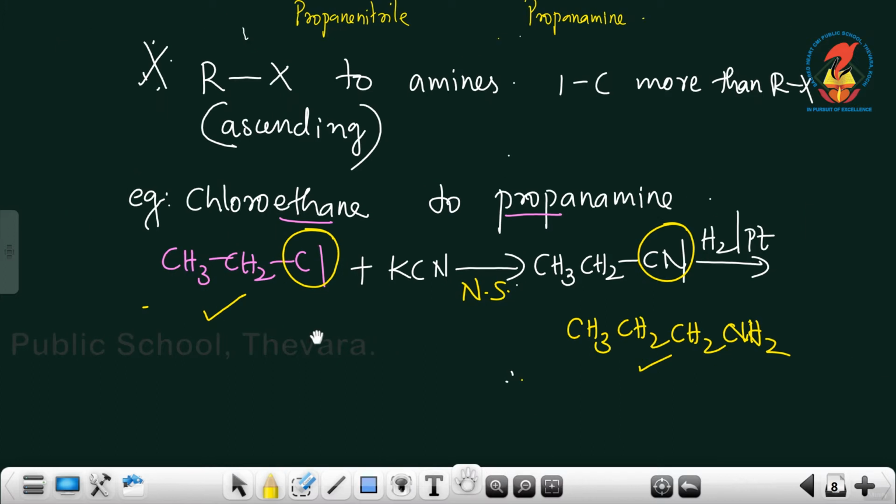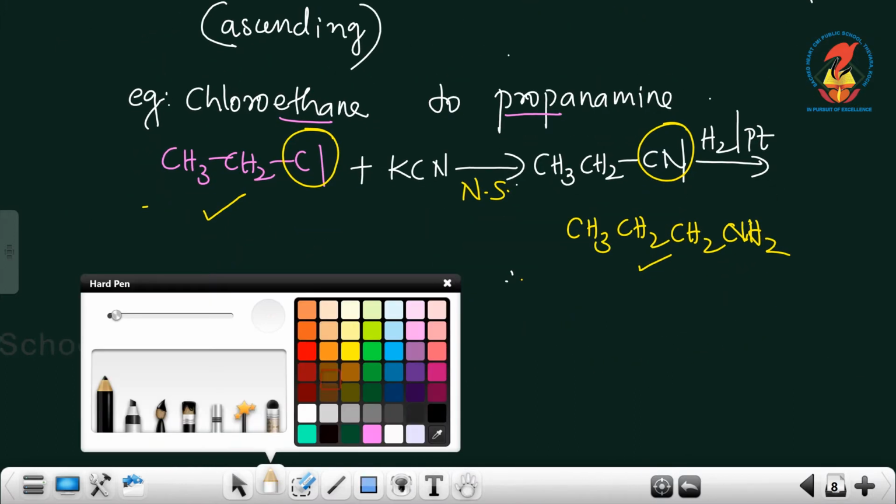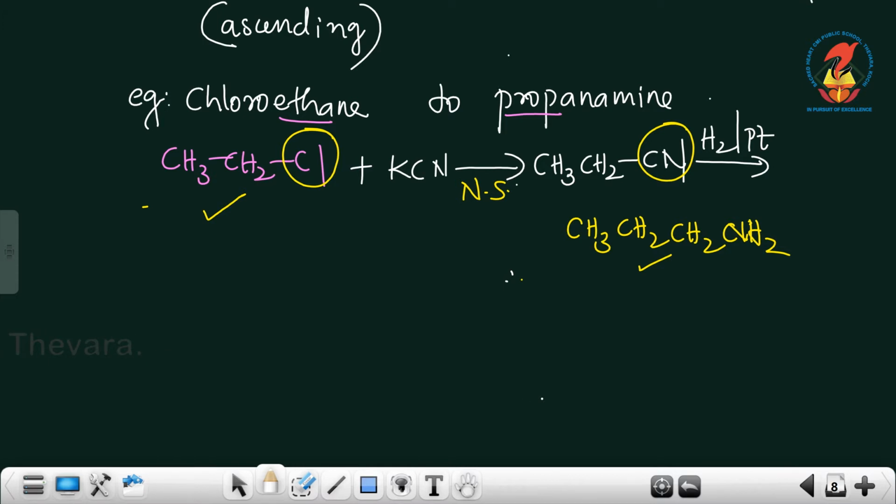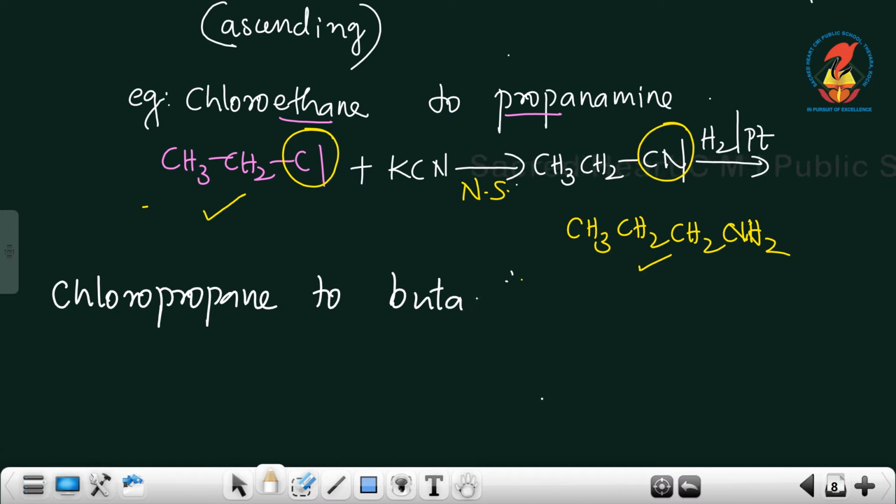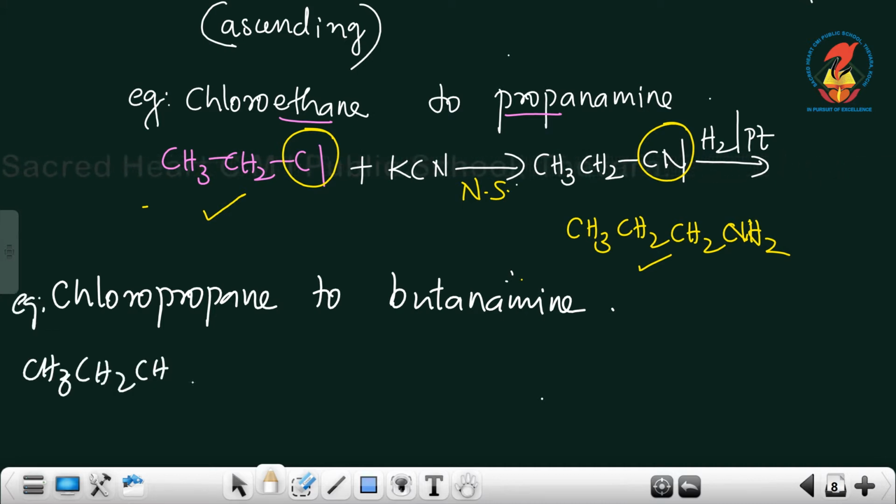Another question. Convert chloropropane to butanamine. Same way we can do. Chloropropane formula is CH3CH2CH2Cl. First we have to treat with KCN.